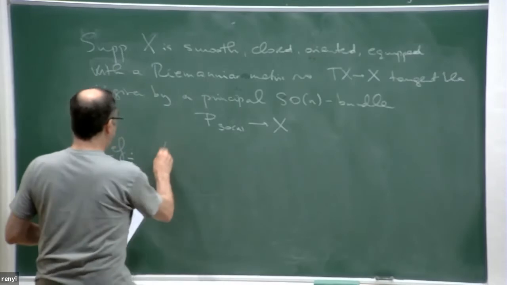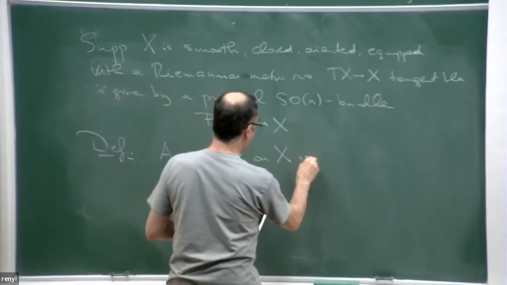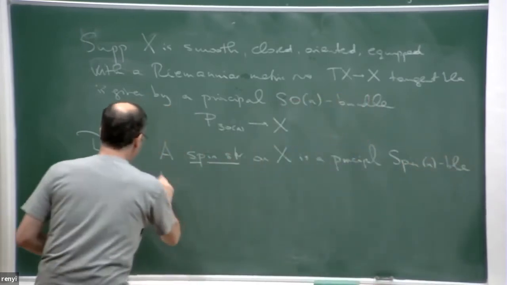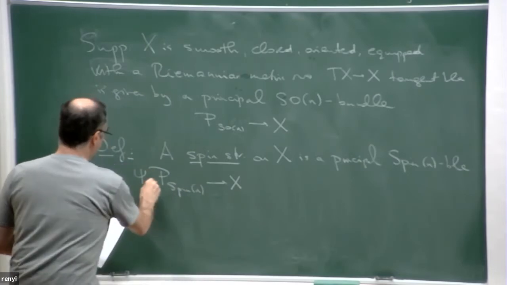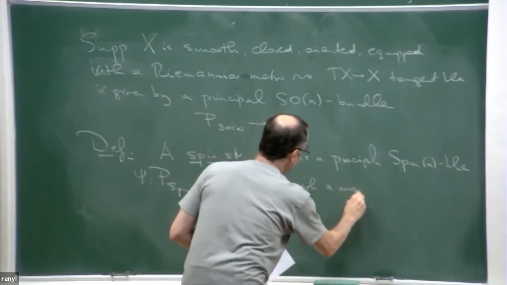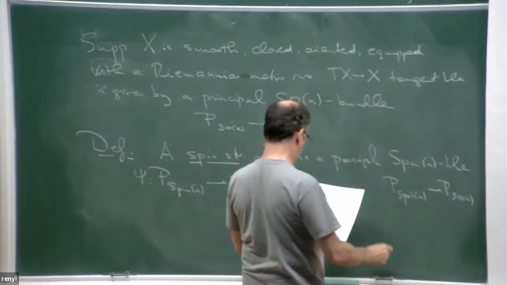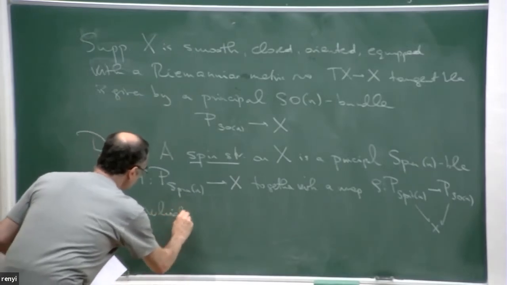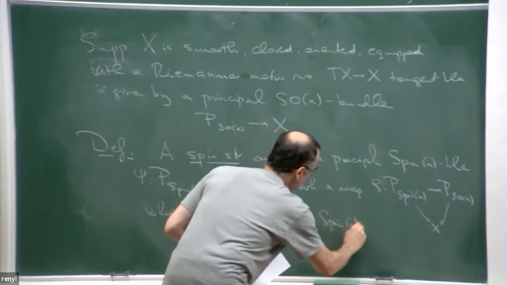So a spin structure on X is a principal Spin N bundle P_SpinN(X), and the bundle map is denoted by psi, together with a map P_SpinN to P_SON, which I denote by rho, which is a bundle map, which is the double cover Spin N to SON fiber-wise.